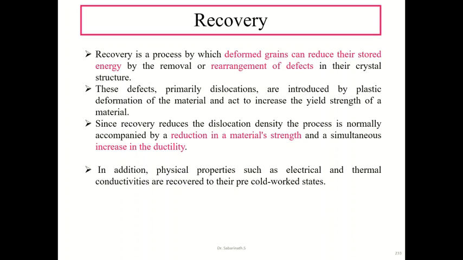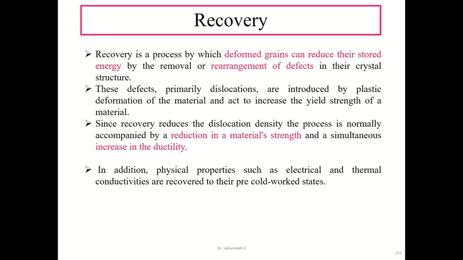These defects, primarily dislocations, are introduced by plastic deformation of the material and act to increase the yield strength of the material. Since recovery reduces the dislocation density, the process is normally accompanied by a reduction in material strength and a simultaneous increase in ductility.